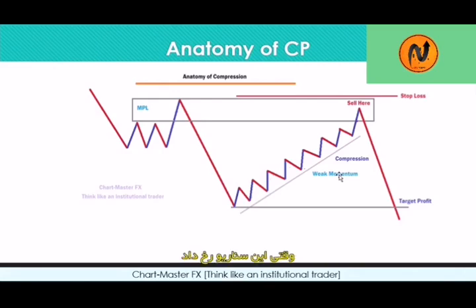So once we find a scenario like that, then we know that more likely when the price reaches a strong supply here, the price is more likely to drop. Take note that this might be an MPL, a QM level, or it might be an ignored level, or it might be a strong supply.